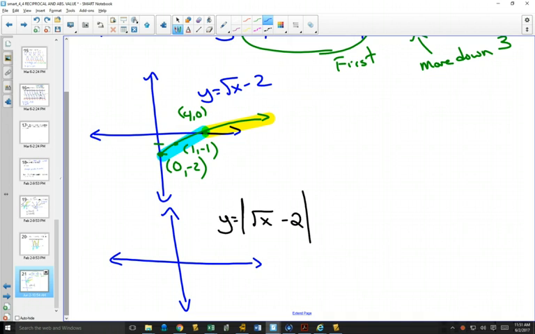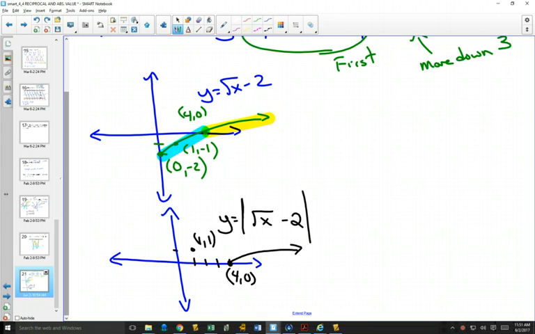What the absolute value does is it just takes the parts that are negative and flips them up. So in other words, we're still going to have this point 4, 0. Everything after this stays the same, but instead of having 1, negative 1, we're going to have 1, positive 1.